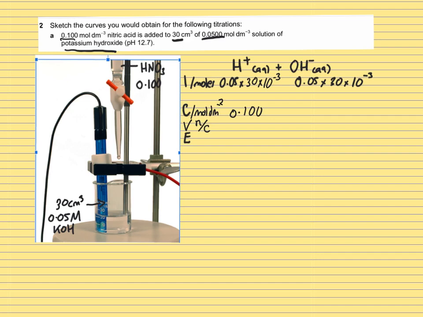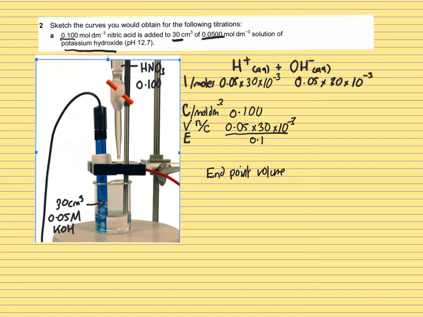The volume of the acid that we need at the end point is the number of moles, which is 0.05, times 30 times 10 to the minus 3, divided by the concentration, which is 0.1. Now that will give us the titration volume, or the end point or equivalent volume, which is in dm cubed.